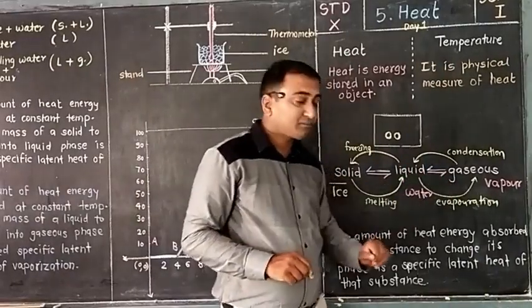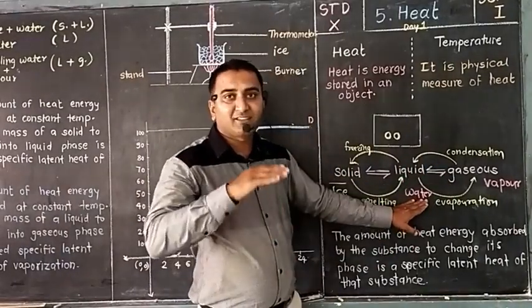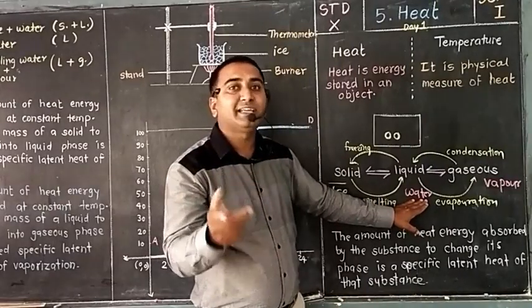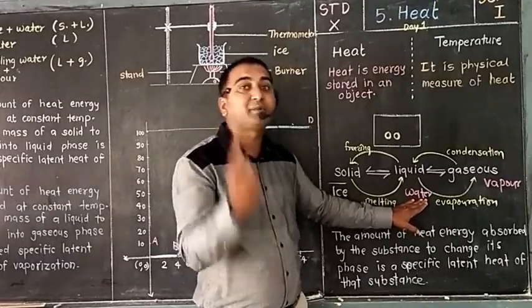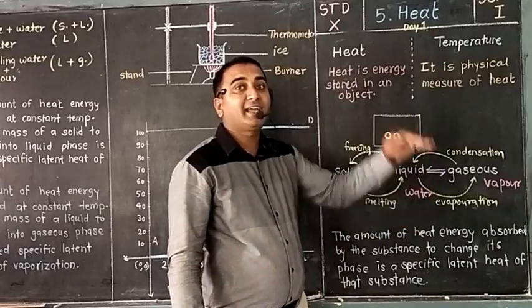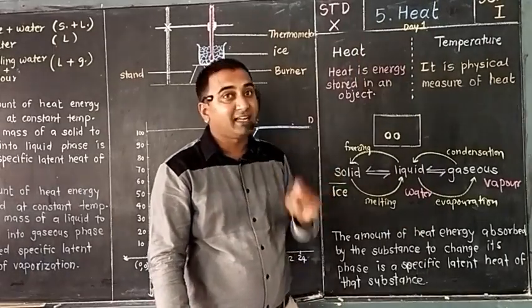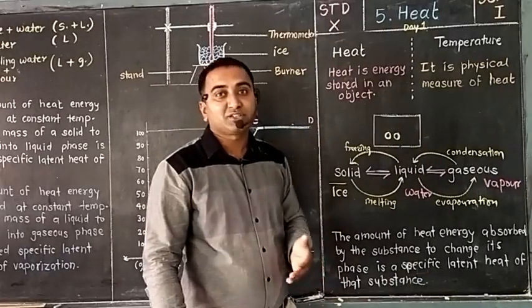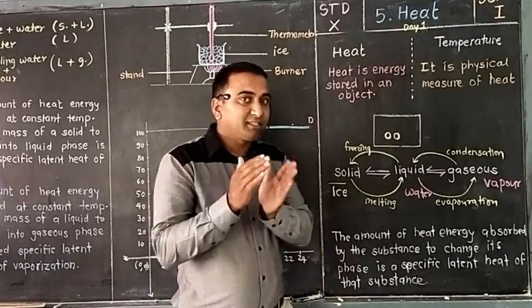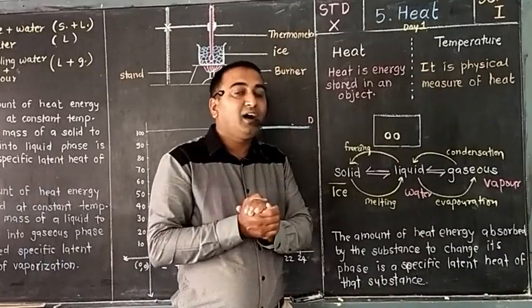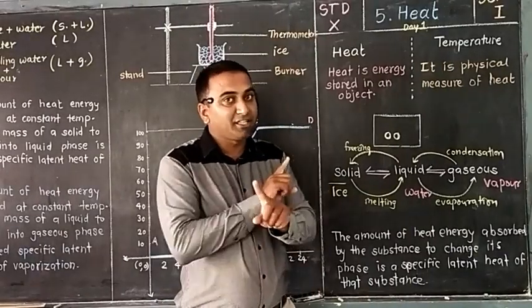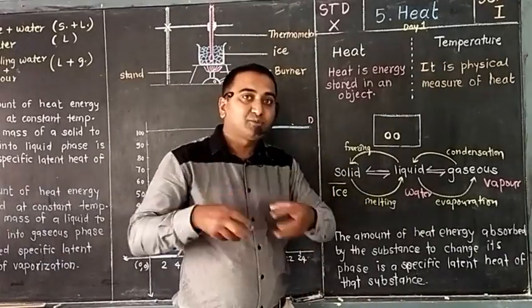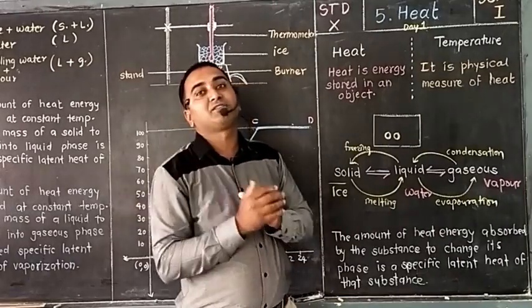Here also, when ice has converted totally into water, only then does temperature start to increase, until it reaches 100 degrees Celsius, the boiling point, and after the boiling point, the rate of evaporation increases. But at that time, after 100 degrees Celsius, temperature will not increase, but it will absorb the heat and total evaporation will happen.